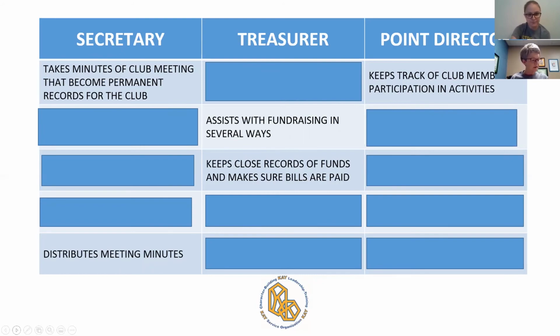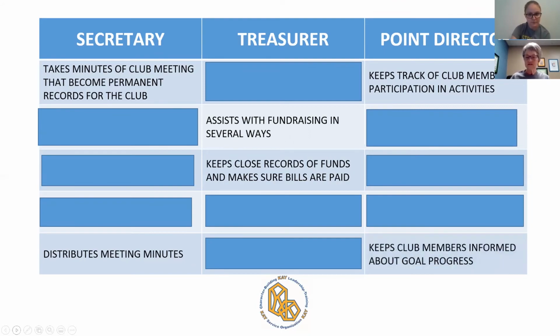All right. Keeps club members informed about goal progress. Yeah, this is the responsibility of the points director. You might have put the secretary as this person, and the secretary can help communicate information about your goal and what goal you're striving to achieve in your club. But this is something that's really set aside for the point director.